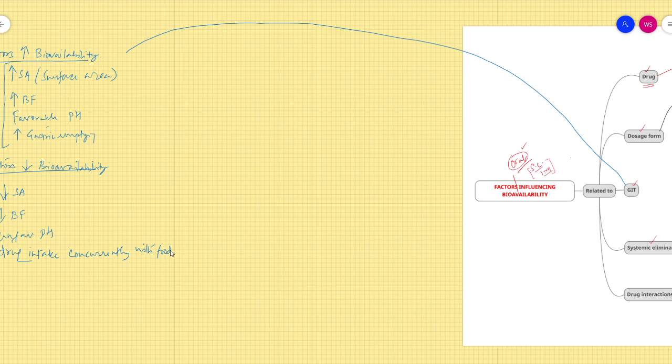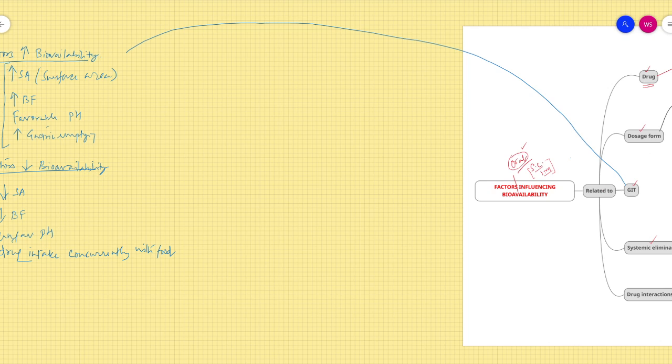In some cases, if the drug is taken with food, it might decrease bioavailability. There can be food-drug interactions is what we mean.